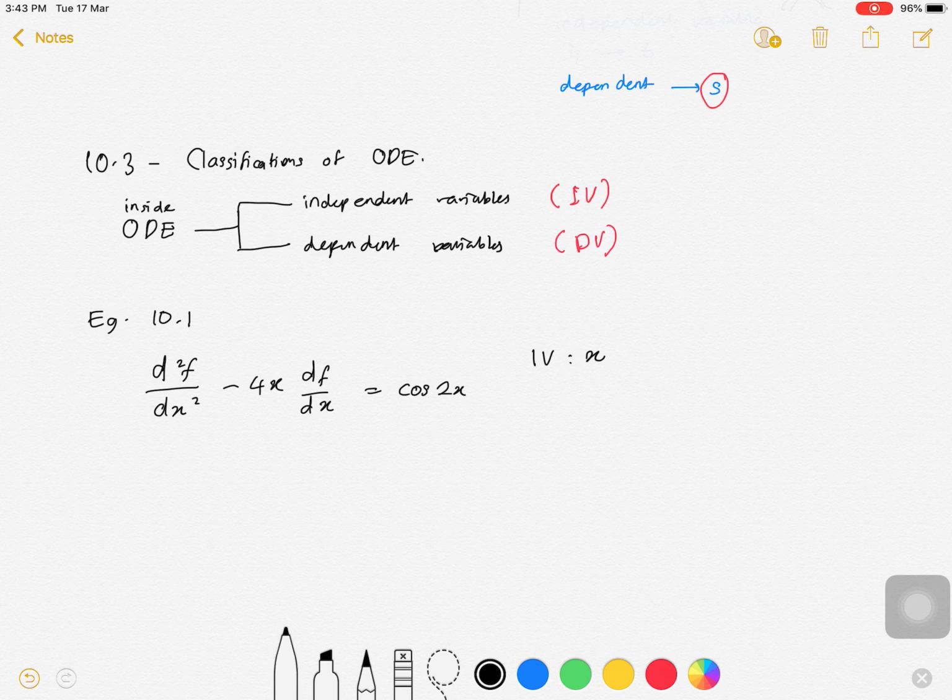When you look at the components, the independent variable is usually at the bottom, and the dependent variable is at the top. So DV is f.